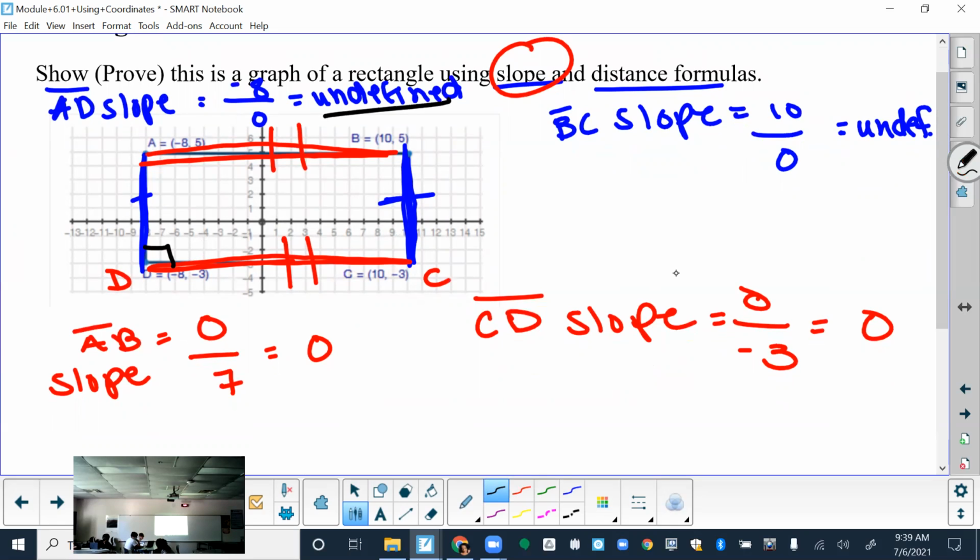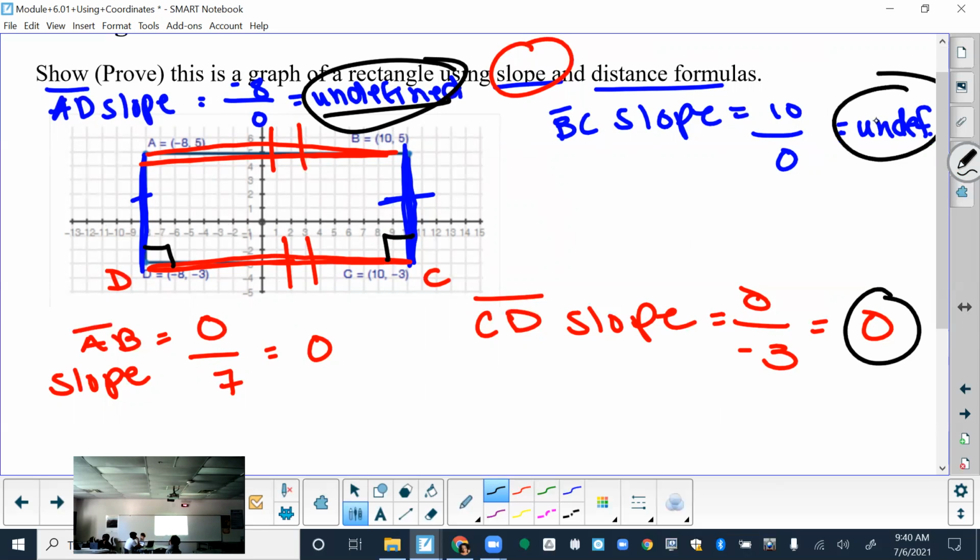The slope of DC or CD we said is 0. I know the undefined part is weird, but would you say that those are reciprocals of each other? Yes, the opposite of having 0 on the top versus 0 on the bottom, that would make these negative reciprocals of each other.